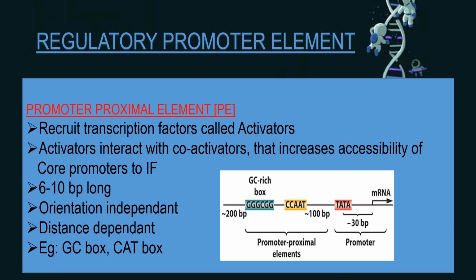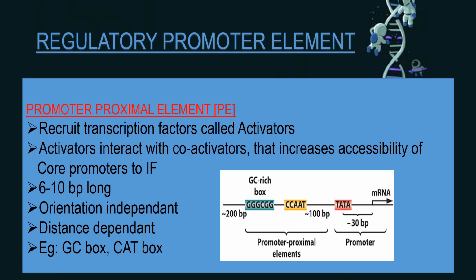They recruit transcription factors called activators. These activators interact with the co-activators. Co-activators increase the accessibility of the core promoter to initiation factors. This proximal promoter element is orientation independent, in that they recruit co-activators either in the direct or inverted positions.